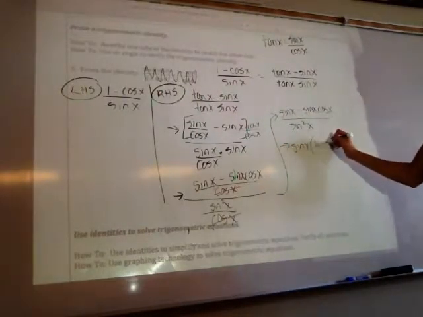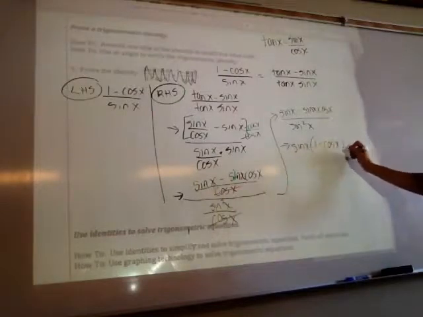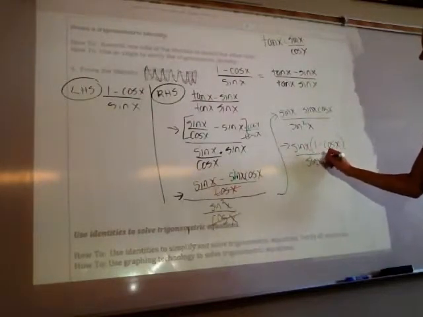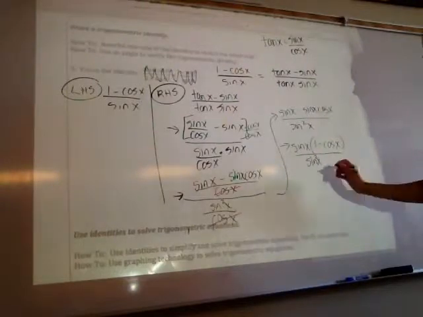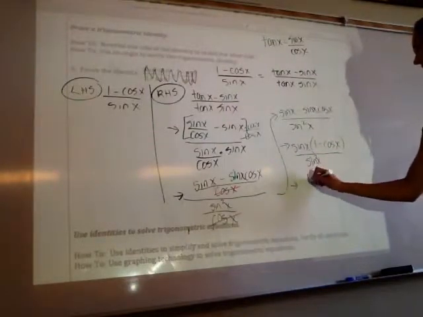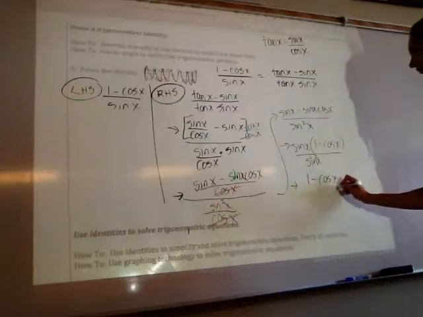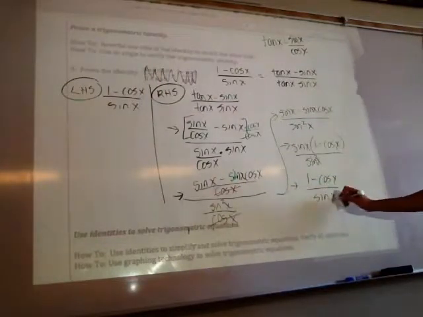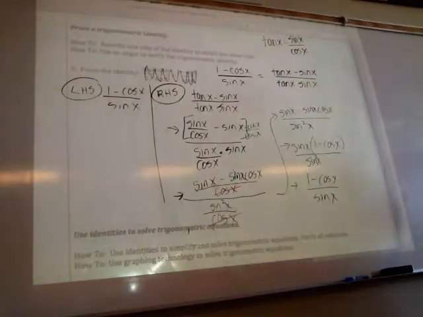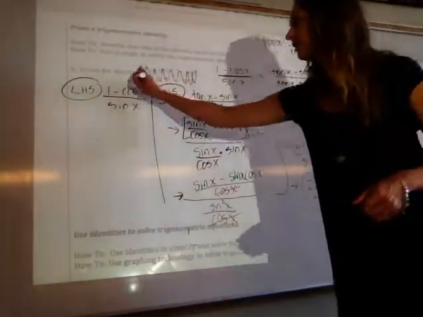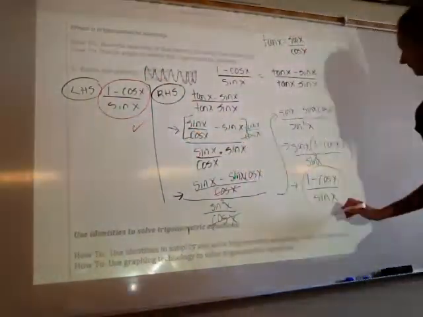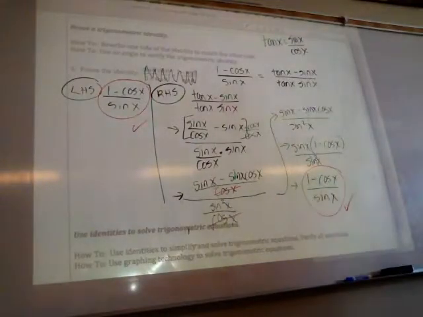And I'm left with 1 minus cosine x over sine x squared. One of these sines can cancel out. So I'm just left with 1 minus cosine x over sine x. Does that look like the left-hand side? Yes, it does. Voila.